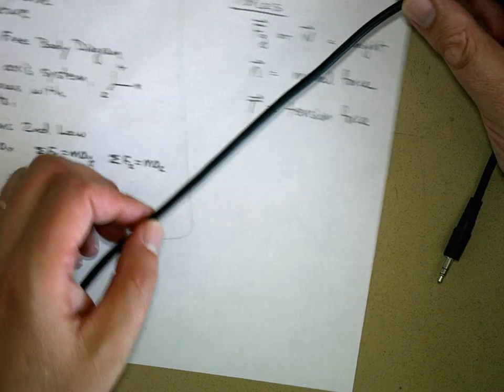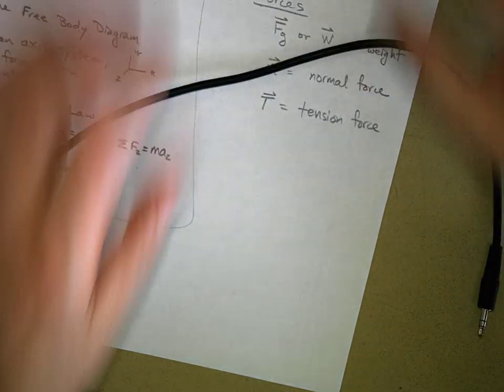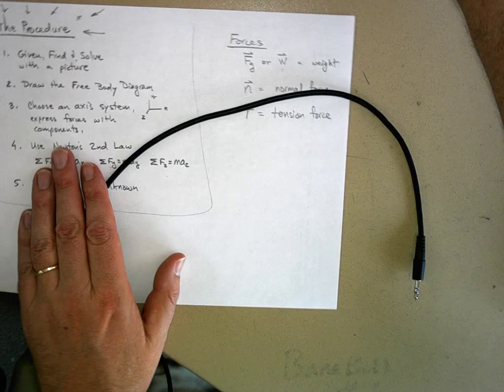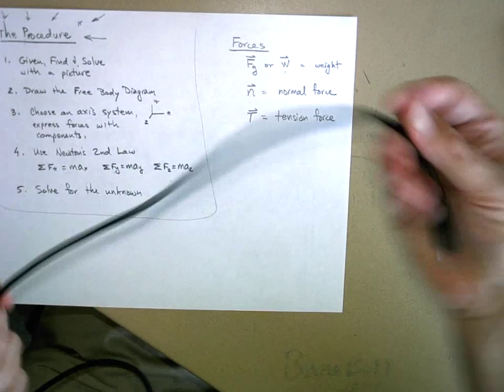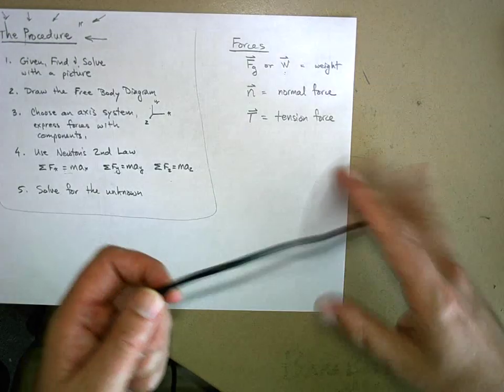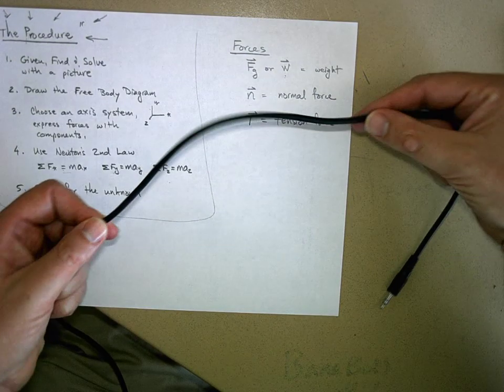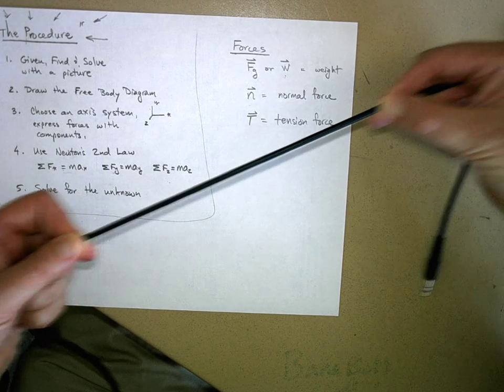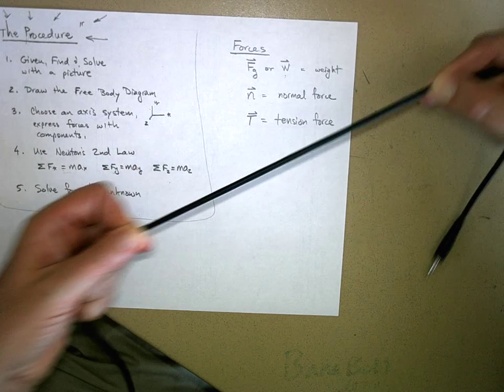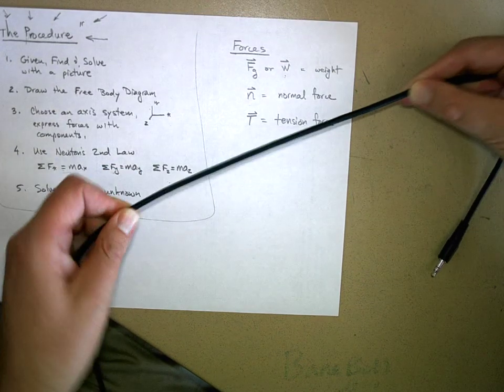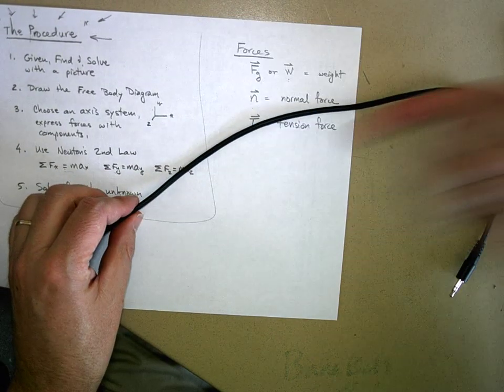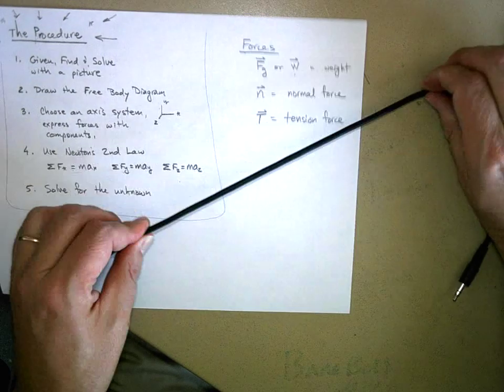Let me zoom all the way out. So here's a little cable, and all you can do is pull. We're having a little tug of war here. So the direction of the force is along the direction of the cable itself, and it's always a pulling force.